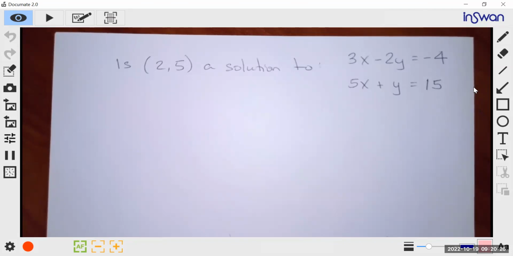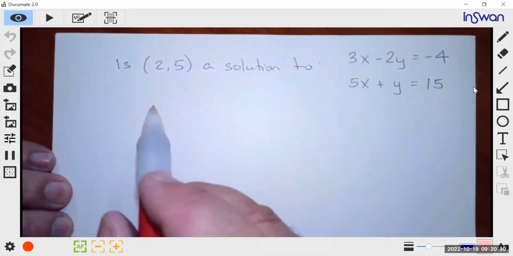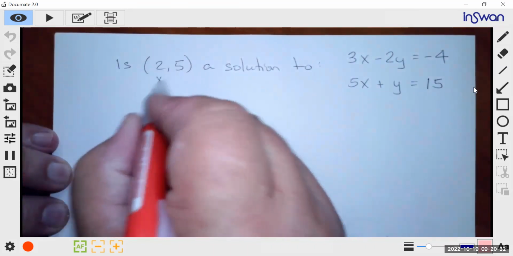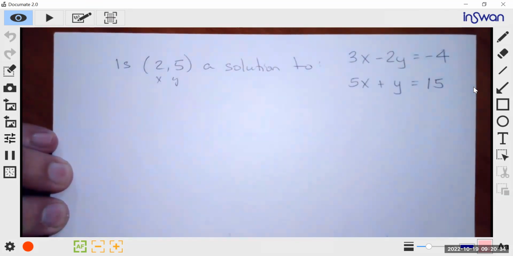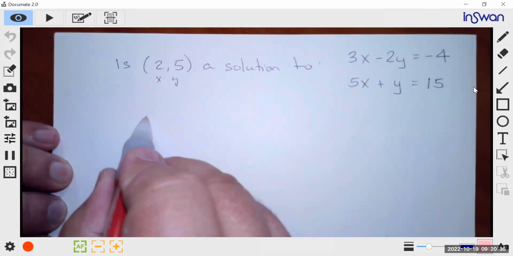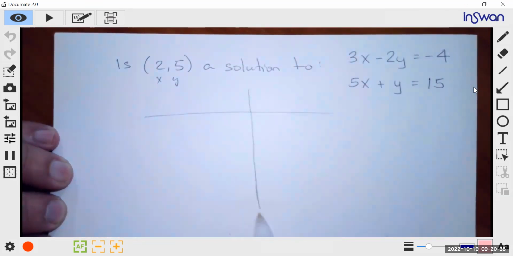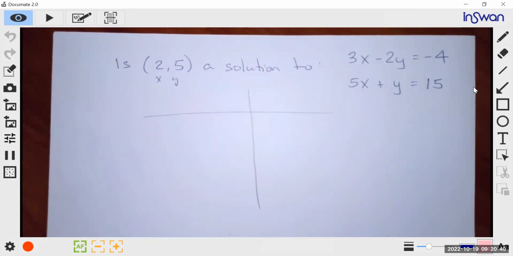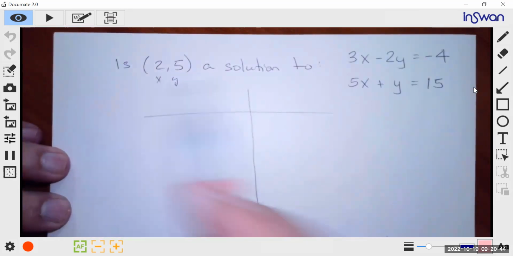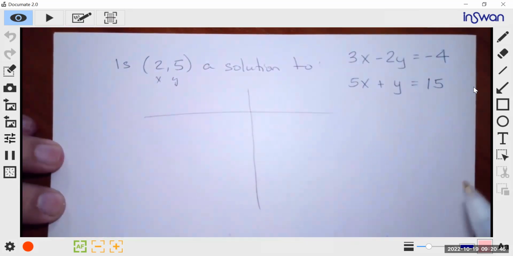Plug in this for x and this for y into both of them and see if it works. Solutions are where the two lines meet, so if that's a solution, it has to be true in both equations.